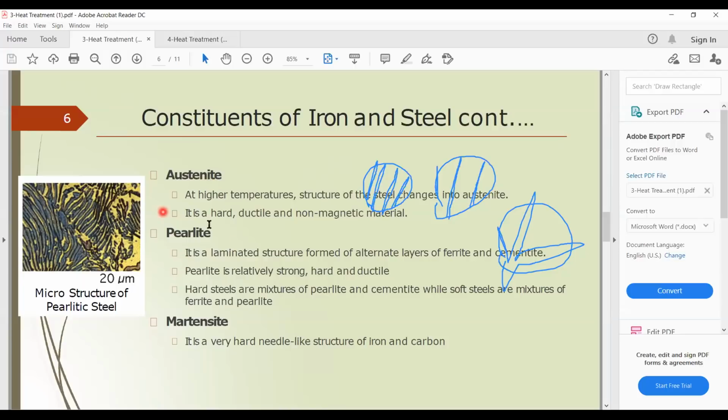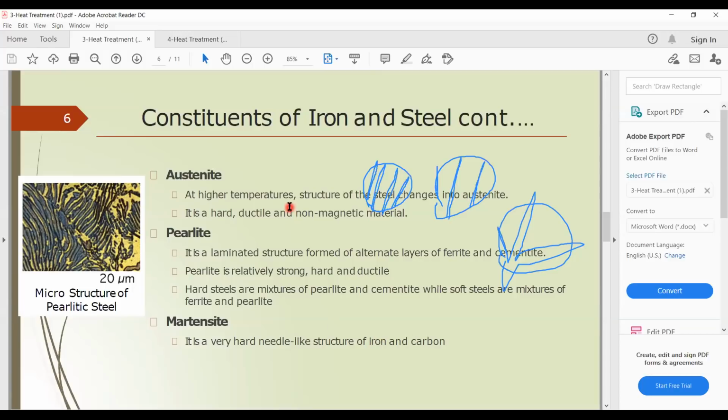But in the case of pearlite, it is like this laminated structure, right? Or if it is martensite, it is a needle-like structure. See here, one kind of pearlite structure. These are stacked forms or laminated structures, right? So these are the differences.